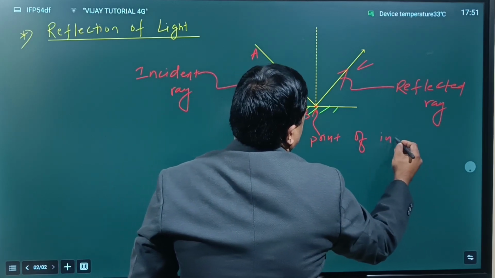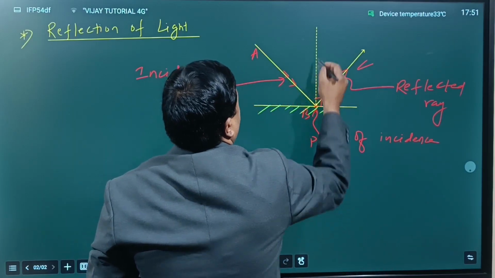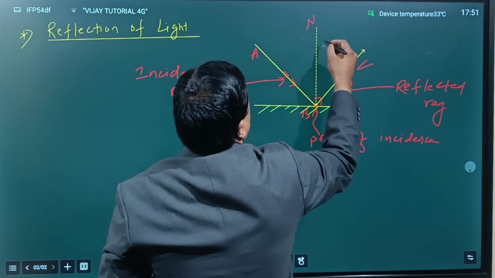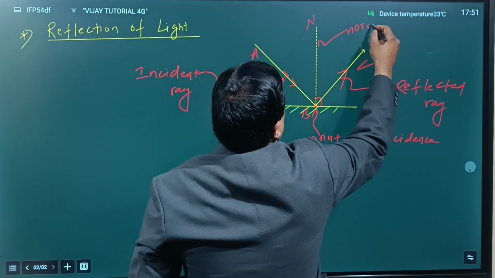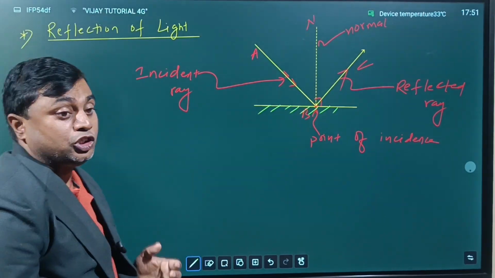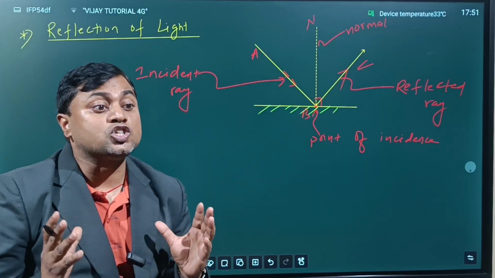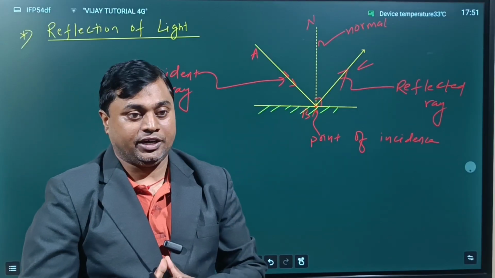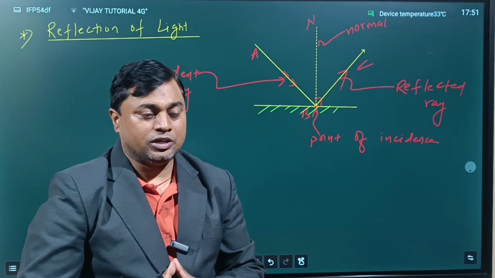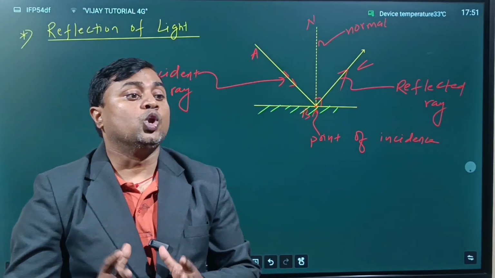If you draw a 90-degree line BN, this is called the normal. So what is reflection of light? The phenomenon of bouncing back of a light ray after striking a solid surface is called reflection of light. Understood? They may ask you to define reflection of light and mention its two laws.